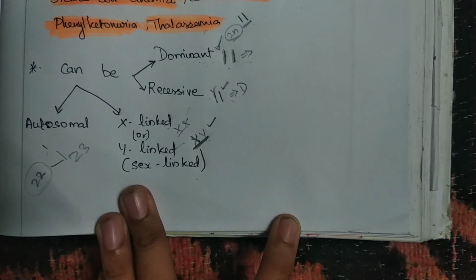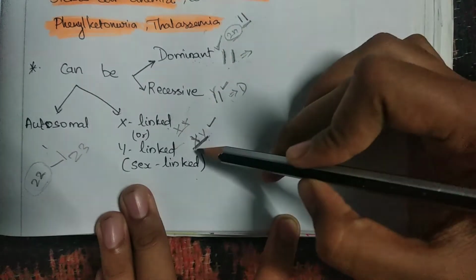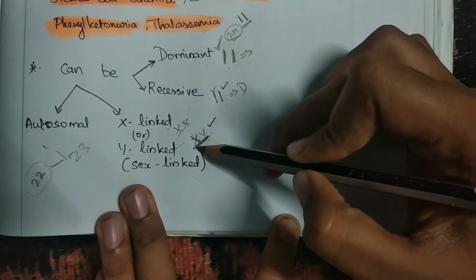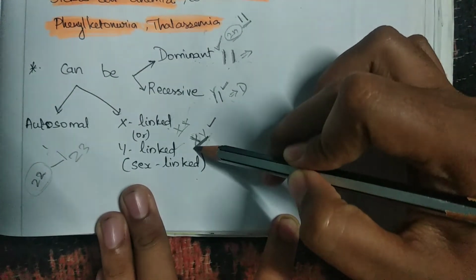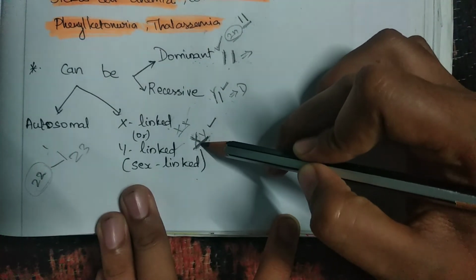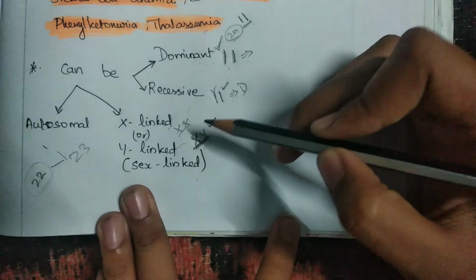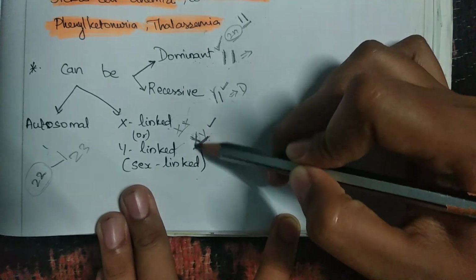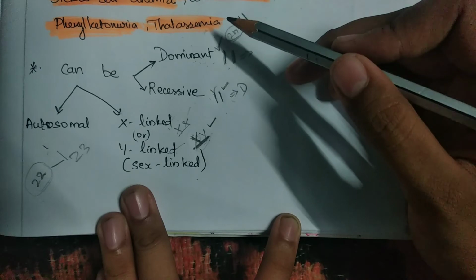In the same way, all males have one X chromosome and one Y chromosome. Since only one X chromosome is present in males, whatever gene is present in the X chromosome will get expressed.